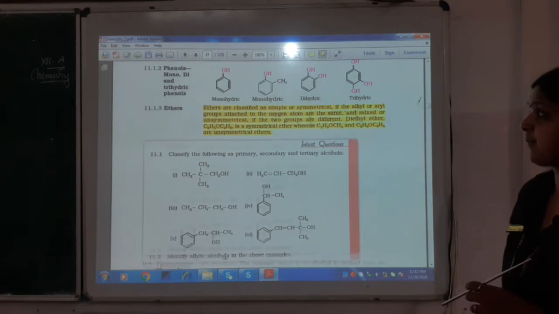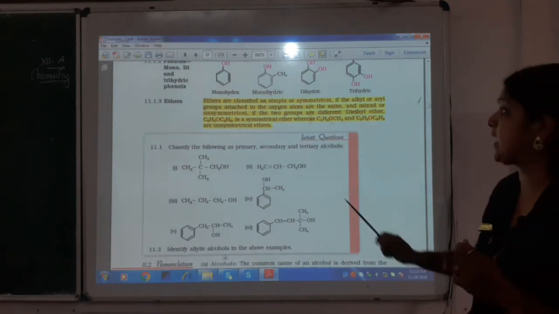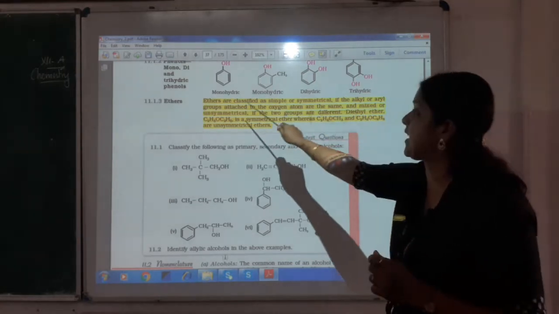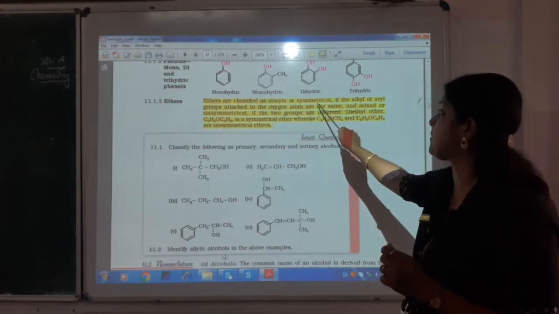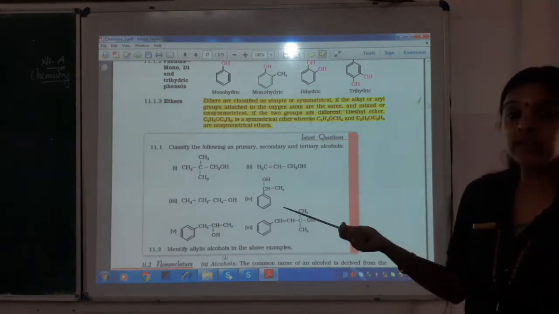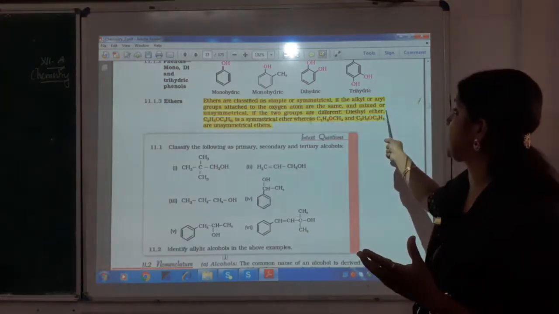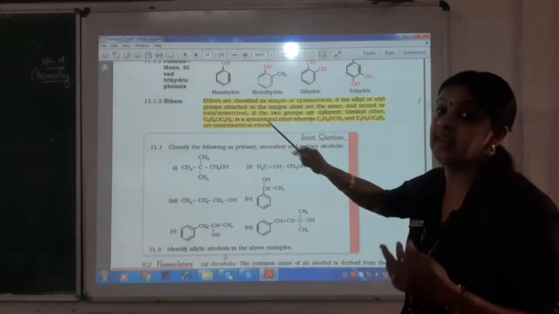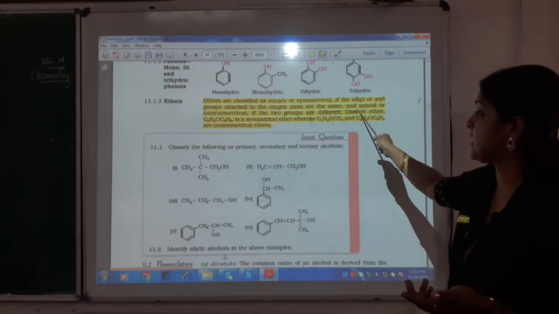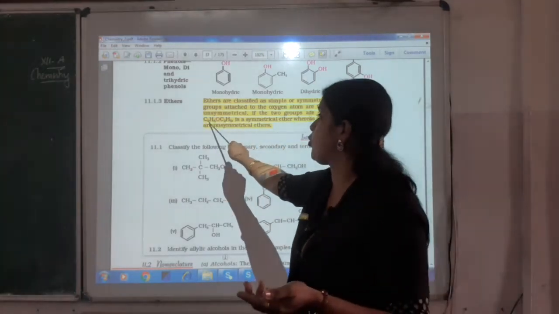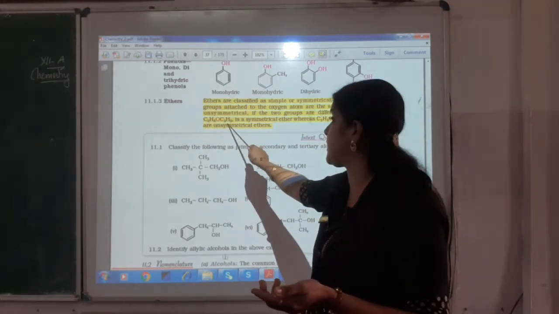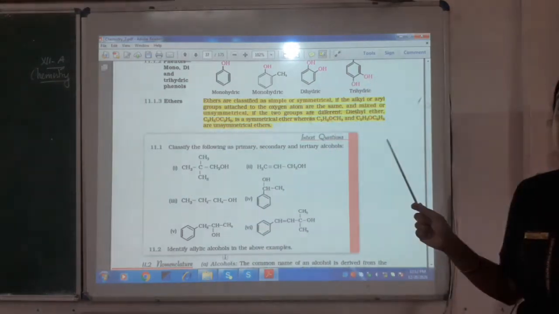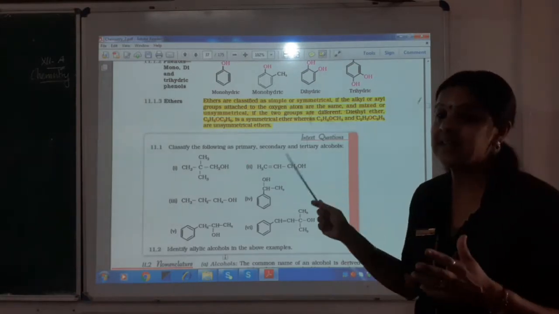Next, ethers. Ethers are classified as simple or symmetrical, and mixed or unsymmetrical. If the alkyl or the aryl groups attached to the oxygen atom are the same on both sides, you call it symmetrical. For example, C2H5-O-C2H5, the same alkyl groups on both sides of the oxygen, is a symmetrical ether.